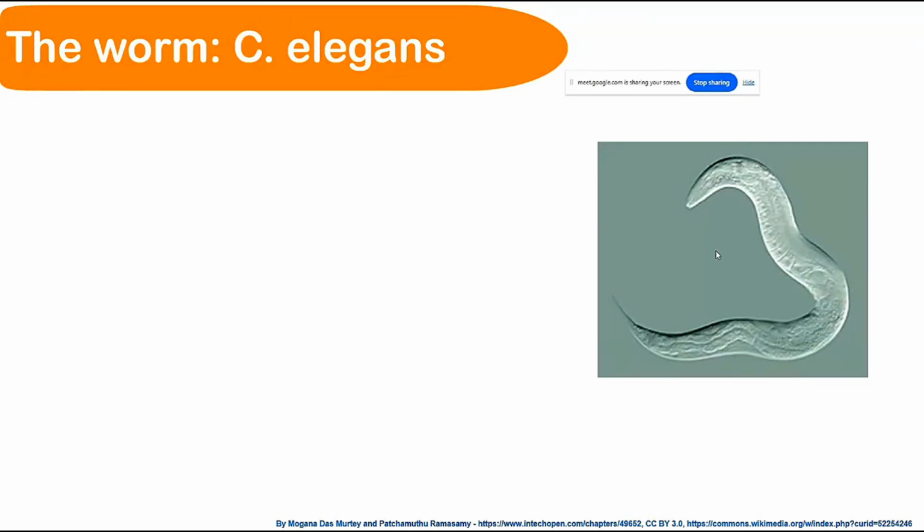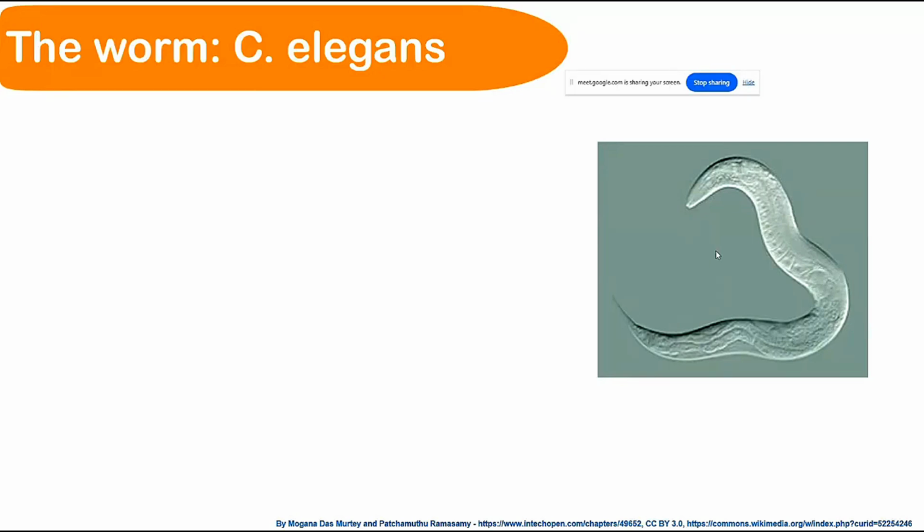So that's why I'm going very gradually. I do not want to give a lot of information today as such, but at the same time want to fetch your interest in how you can choose one of these as the model organism, or at least know some of the model organisms or the aspects associated with them. So the second interesting organism, which is a worm, is the nematode worm, C.